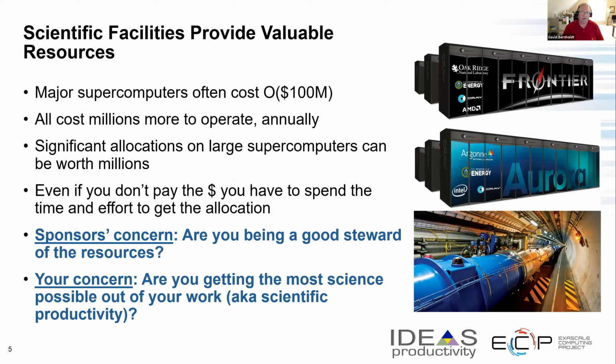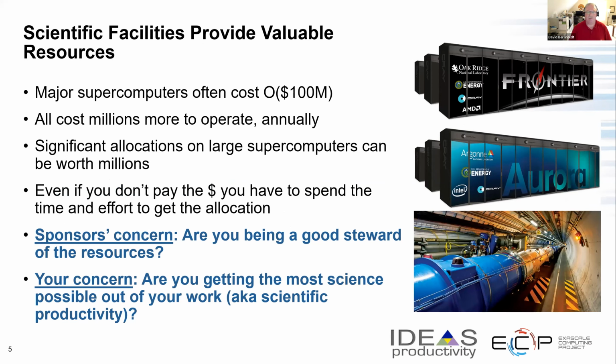As you probably realize, scientific facilities of any kind provide a lot of valuable resources. Major supercomputers often cost more than $100 million to procure and then millions of dollars to operate annually. So a significant allocation on a large supercomputer can be worth literally millions of dollars.